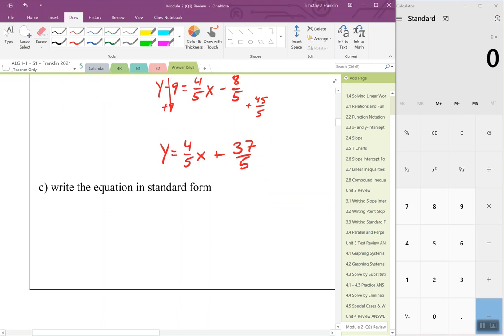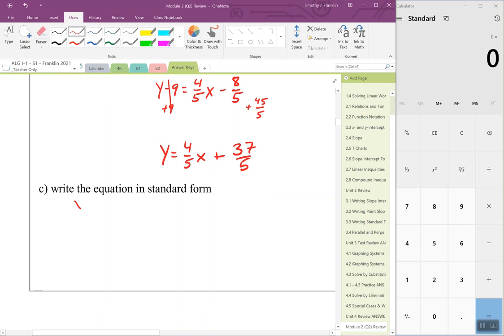Now we're going to change it to standard form. So remember, standard form is ax plus by equals c, and you need to remember that a must be positive, and you have to have no fractions, just only integers in your problem.